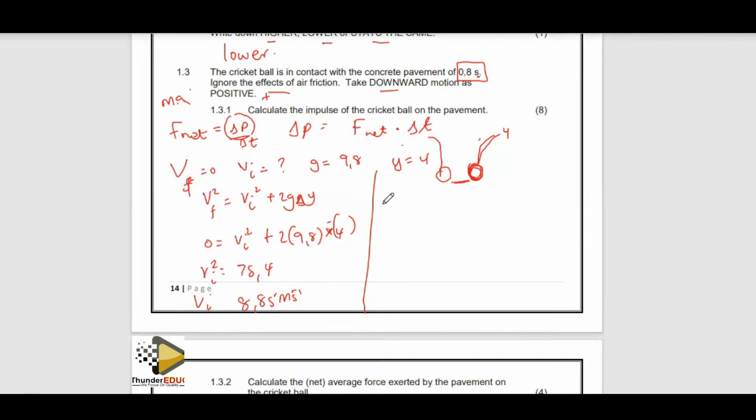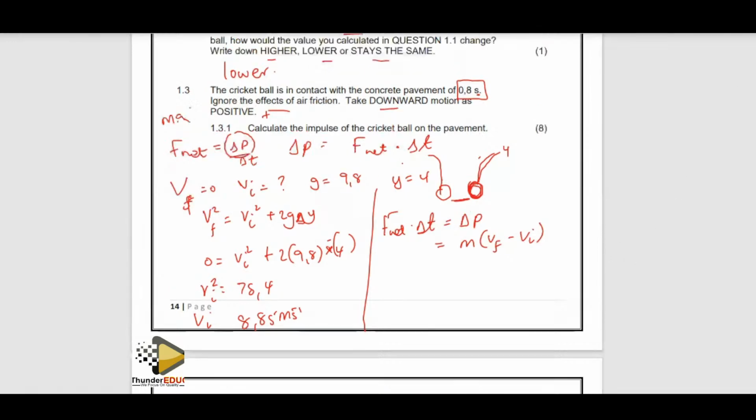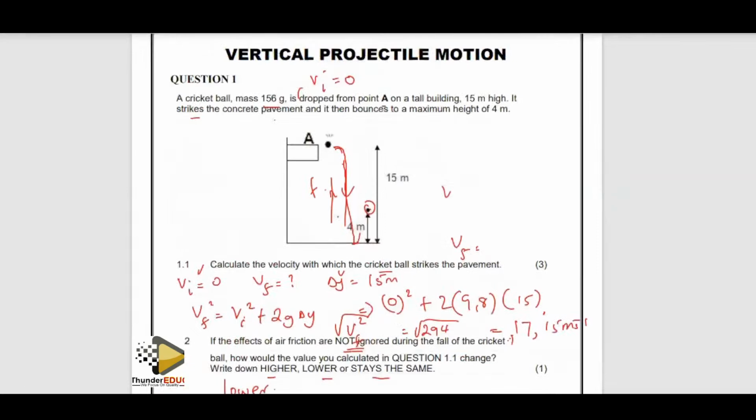So we know that F net times delta t is equal to the change in momentum, and we said this change in momentum is the same as m times (V final minus V initial). When we do the substitution, what was the mass of the ball? They mentioned something like 156 grams.